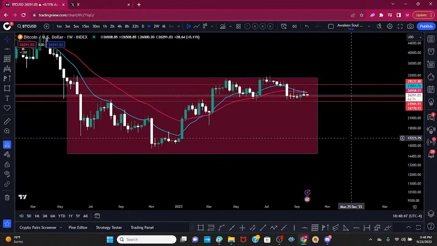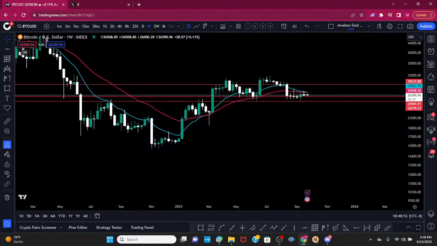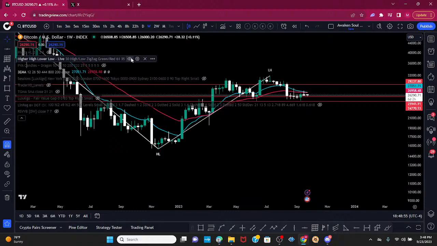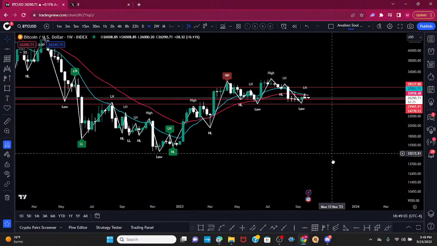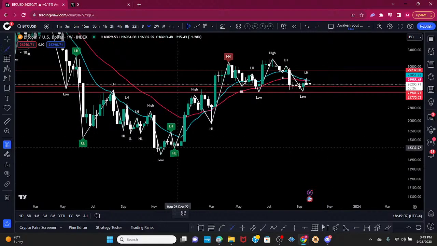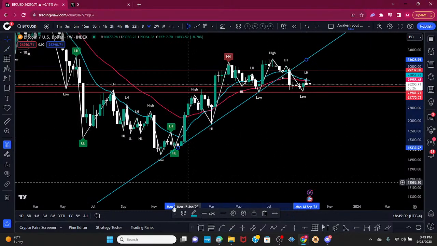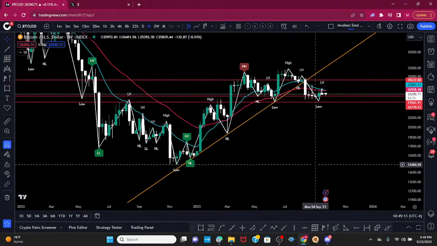Right, with no emotions, no expectations, just looking at the charts. What do we see? Sometimes throwing the higher high, lower low indicator helps me just to connect some trend lines. So weeklies are orange, right?